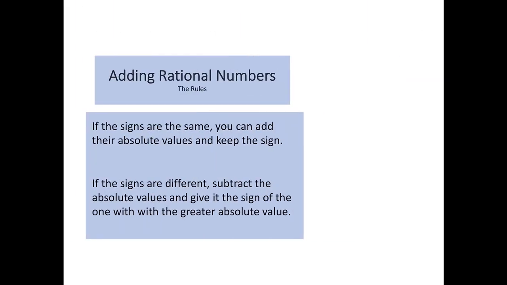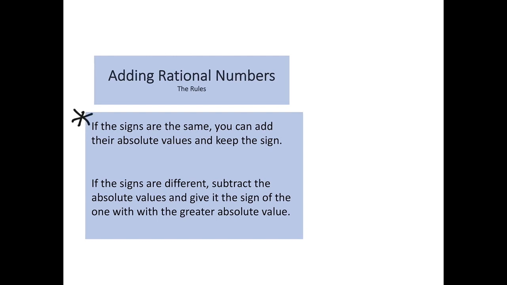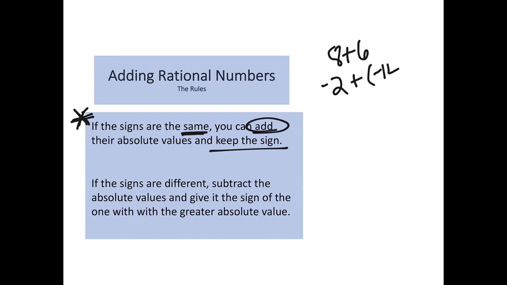So let's look at those rules. If the signs are the same, you can simply add their absolute values and keep the sign. That's problems like 8 plus 6, negative 2 plus negative 14. Problems like that.